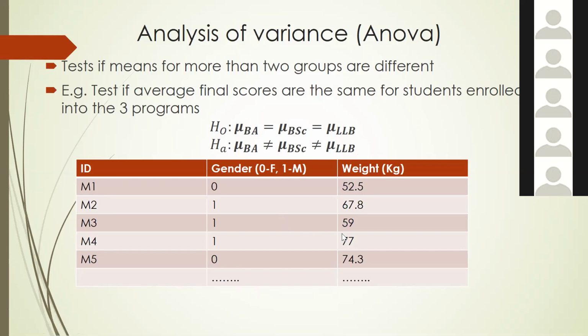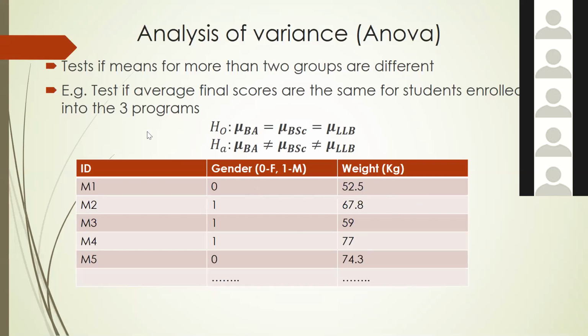Now, the data structure for ANOVA, this is how it looks like. This is our ID, just like I've been doing before. Okay. So I think that the table that I have here is not the correct one.